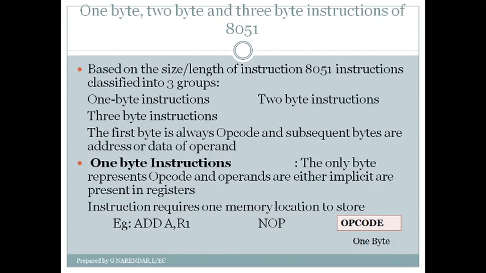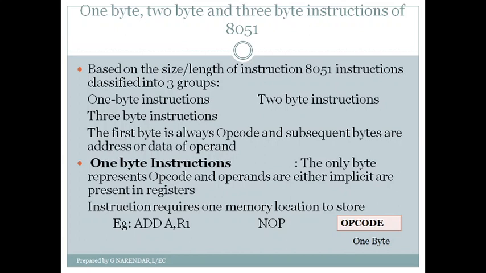Coming to the first one, the 1 byte instructions. A 1 byte instruction means the instruction size is only 1 byte. We have already seen that whatever the size of the instruction, the first byte is always opcode.